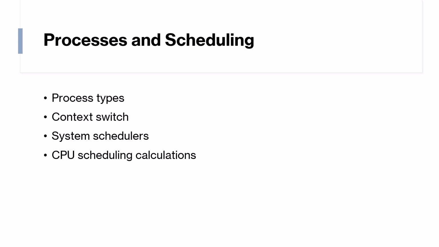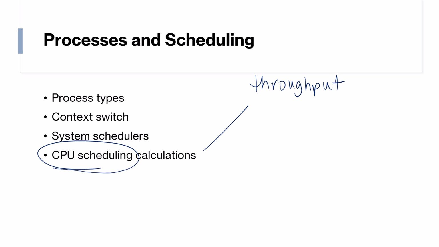We're going to be focusing on the CPU scheduler and the calculations we'll be doing. You have throughput. Throughput is the amount of work that gets done in a certain amount of time, meaning the amount of processes that get completed within a given amount of time.